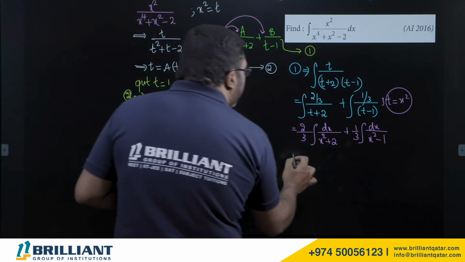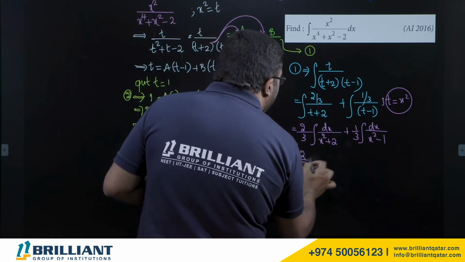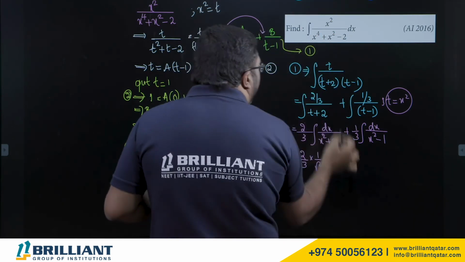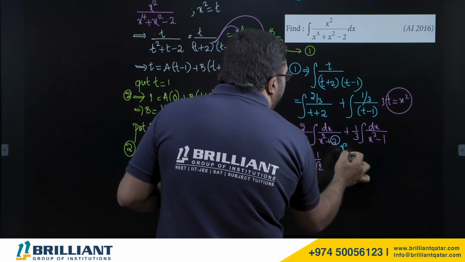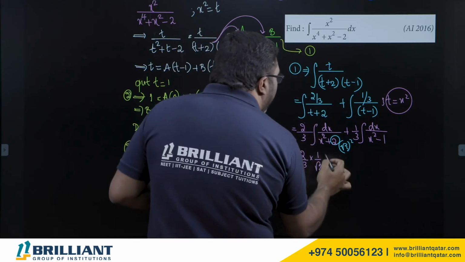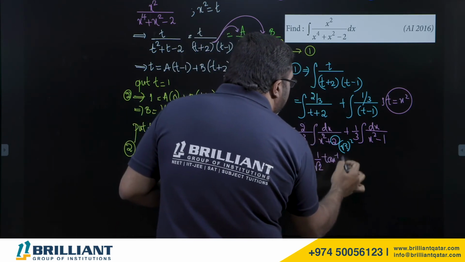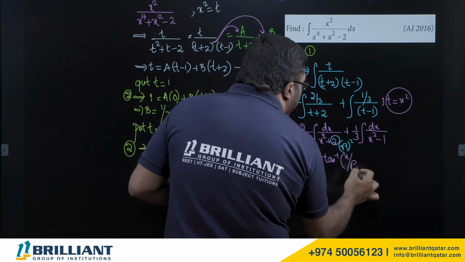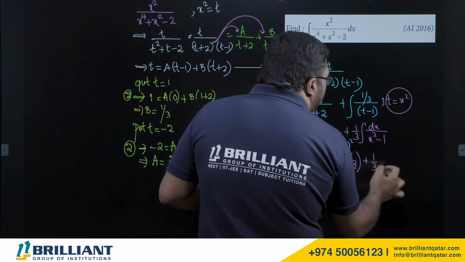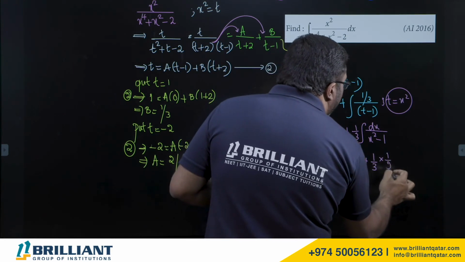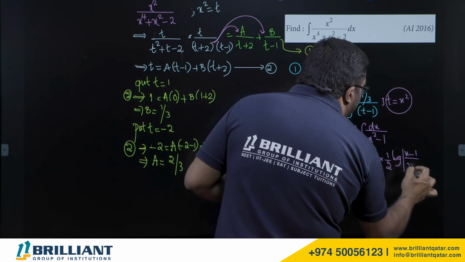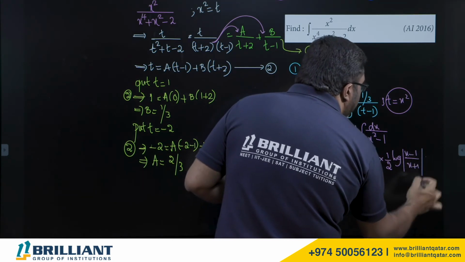That's going to be 2 by 3 into 1 by a, where a is root 2 squared, all of you. This is not simply 2, it is root 2 squared. So 2 by 3 into 1 by a, tan inverse x by a. And 1 by 3, this is going to be 1 by 2 log mod x minus 1 by x plus 1 plus c.